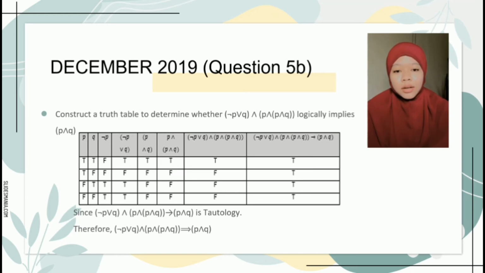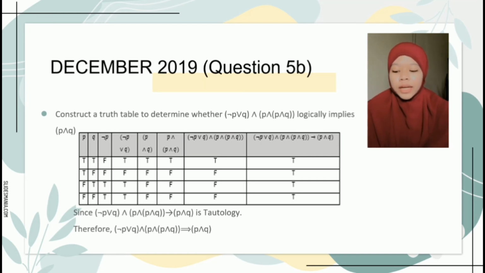So next we put in the brackets first, such as negation P or Q and P and Q. So in the column P, we write true, true, false, false, and for Q, true, false, true, false. For the negation of P, we write the opposite, false, false, true, true.